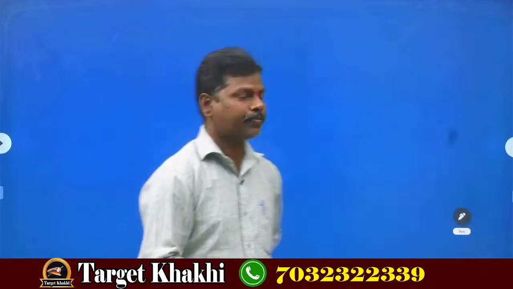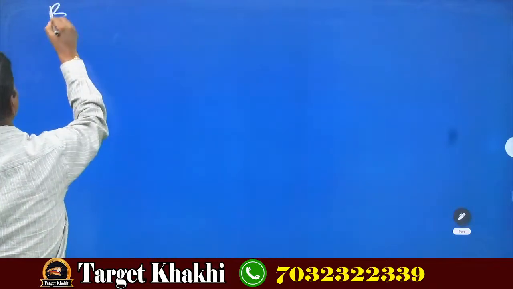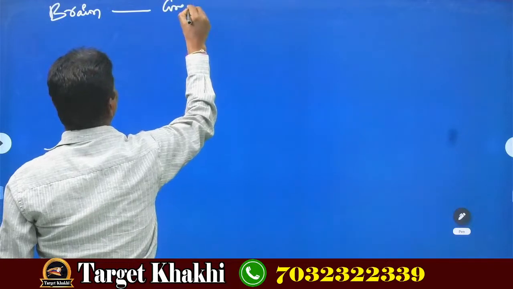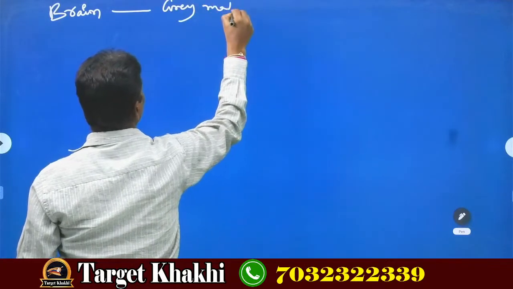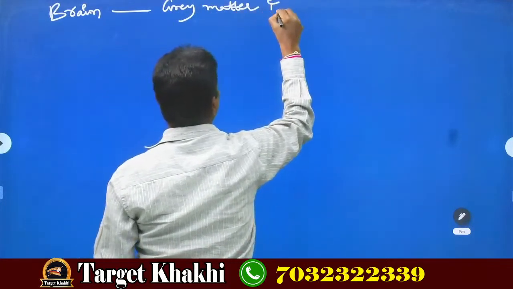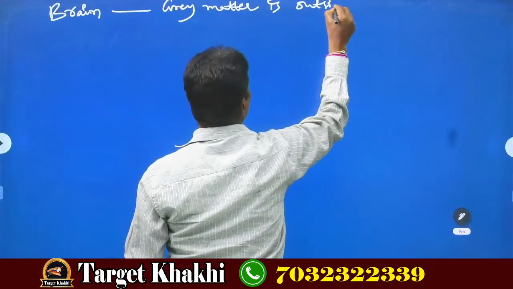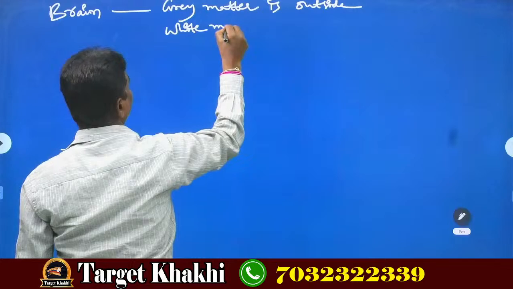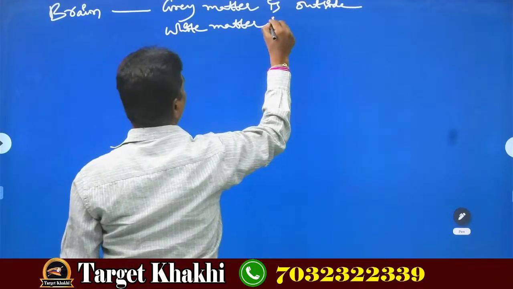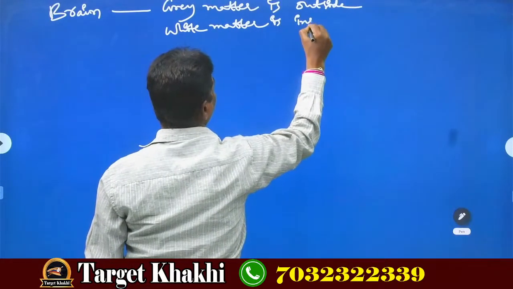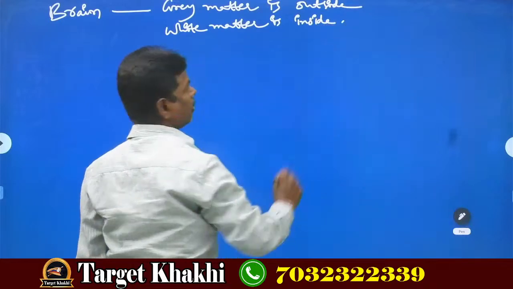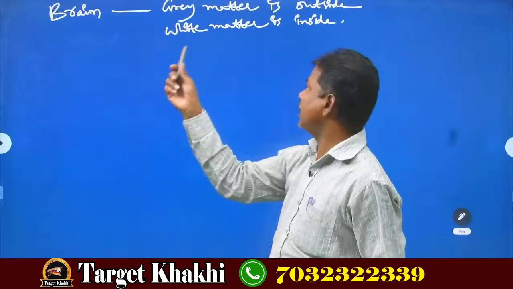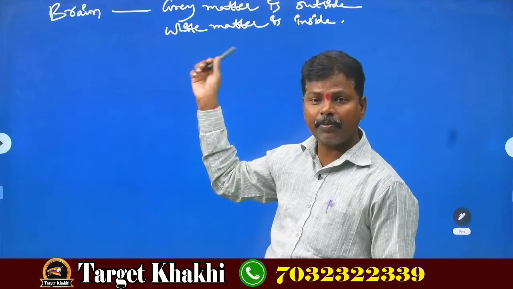In the brain, gray matter is outside and white matter is inside. Understood?